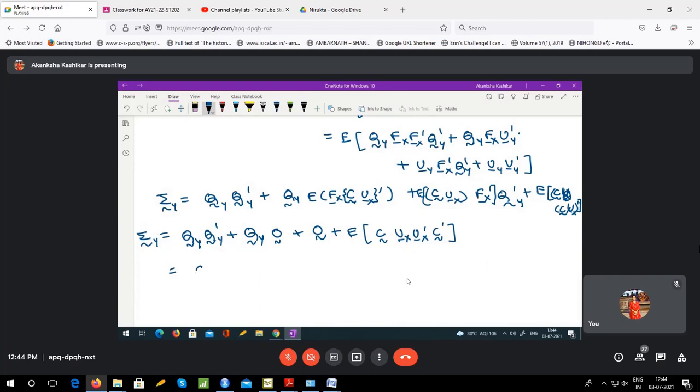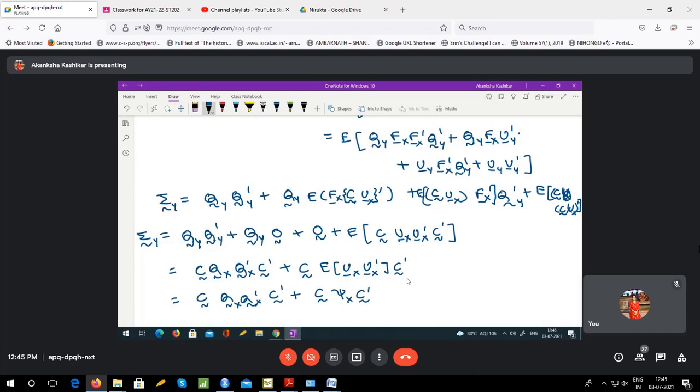So now let me substitute qy. Qy is c qx, with prime it would become qx prime c prime, plus, in between things are 0, and then c expectation of ux prime c prime. So this is c qx prime c prime plus c, this we know is psi c prime, correct?